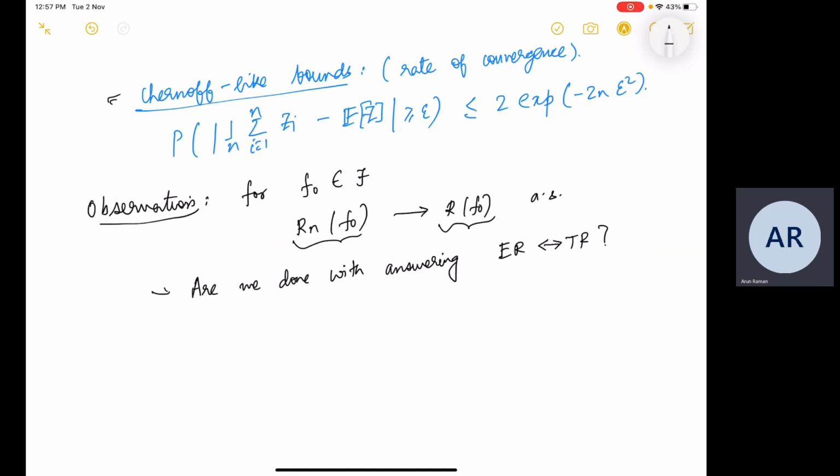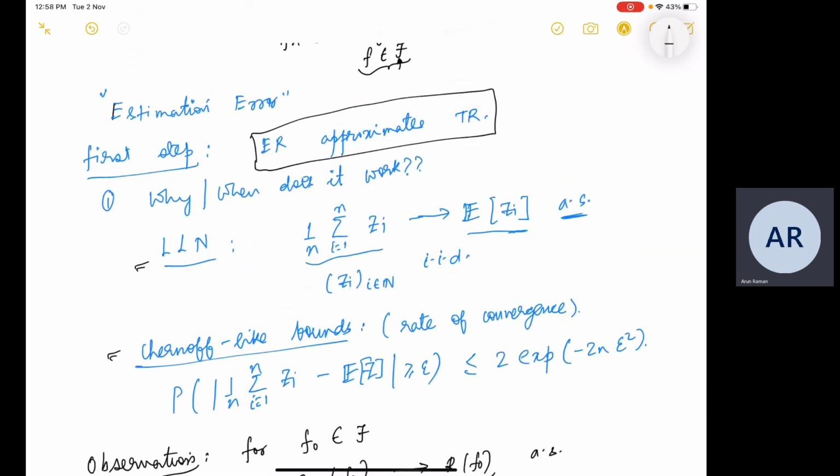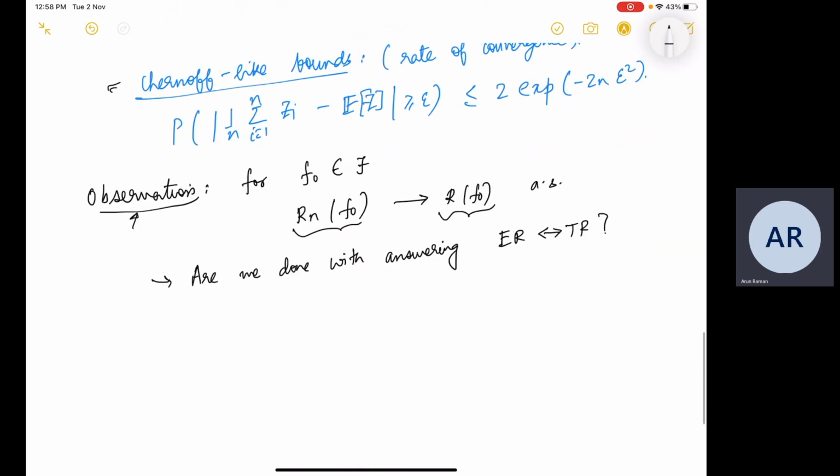But what I really want you to spend time on is thinking: does this observation prove what we wanted to prove, that the empirical risk approximates the true risk within our framework? This is one of the reasons why I laid out the framework again today. You can take 5 minutes, 10 minutes, 15 minutes, or half an hour to convince yourself.